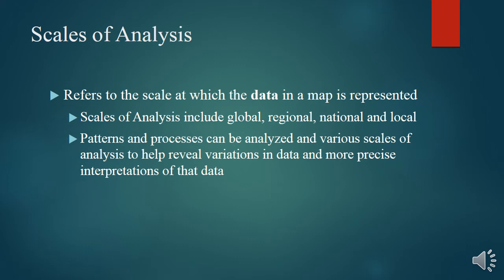As you zoom in from the global to the regional to the national to the local, you can start to see those patterns and processes shift as you analyze something at the neighborhood level versus the country level. You see a lot more precise interpretations of the data emerge when you start to think about it geographically.